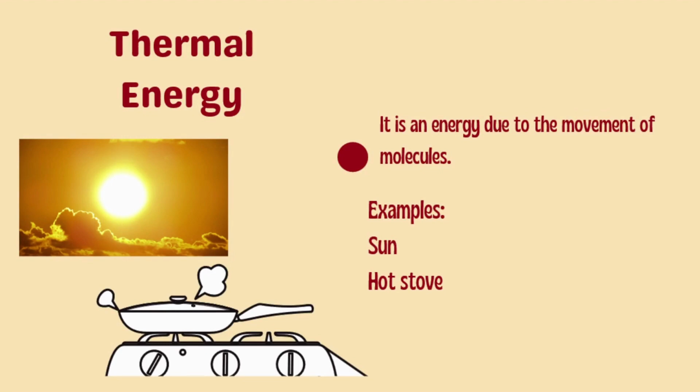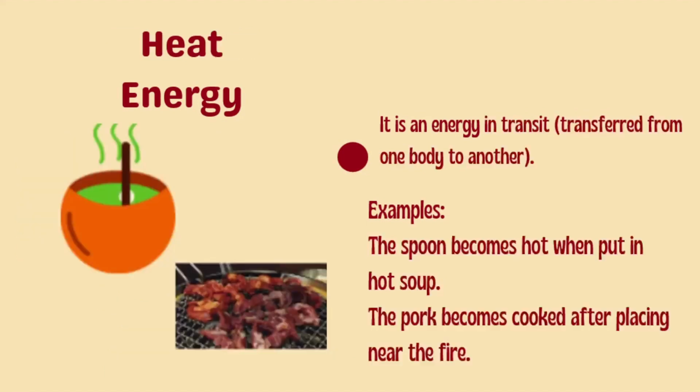Thermal energy is energy due to the movement of molecules, such as the sun and a hot stove. Heat energy is energy in transit or transferred from one body to another. Examples: the spoon becomes hot when put in hot soup, and the pork becomes cooked after placing it near the fire.